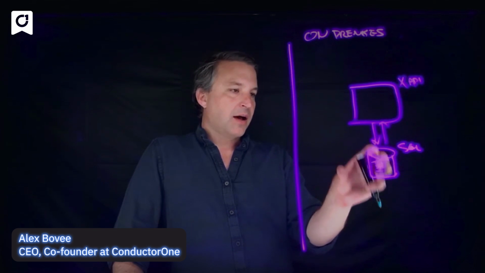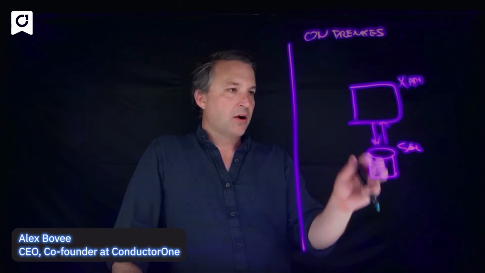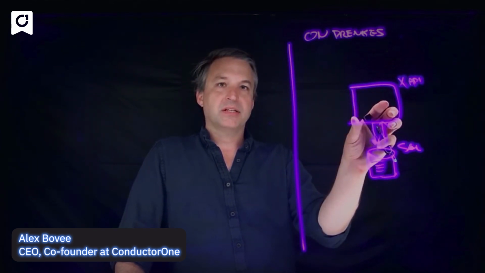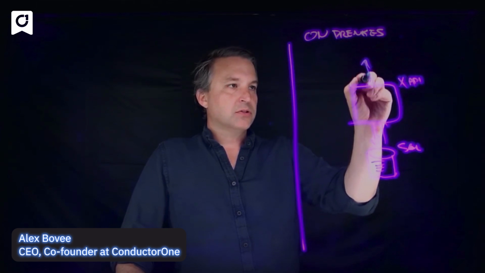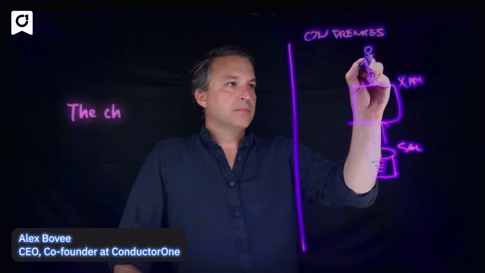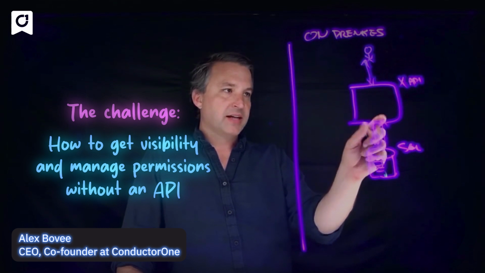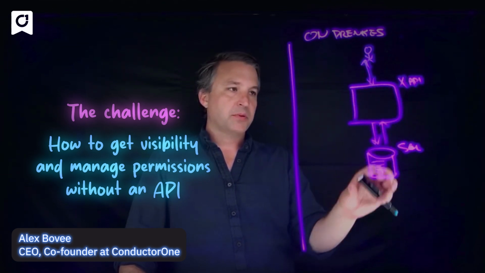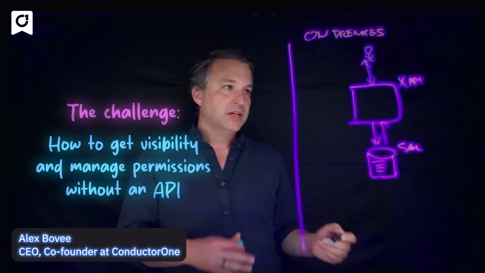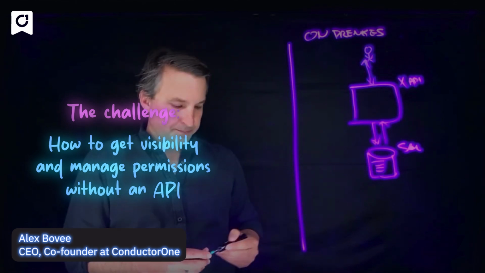Those different objects and resources are powering authorization within this application that the users are logging into. But getting visibility in terms of what the users have access to and managing the lifecycle of those permissions can be incredibly challenging. So the question is, how do you really bridge that gap?